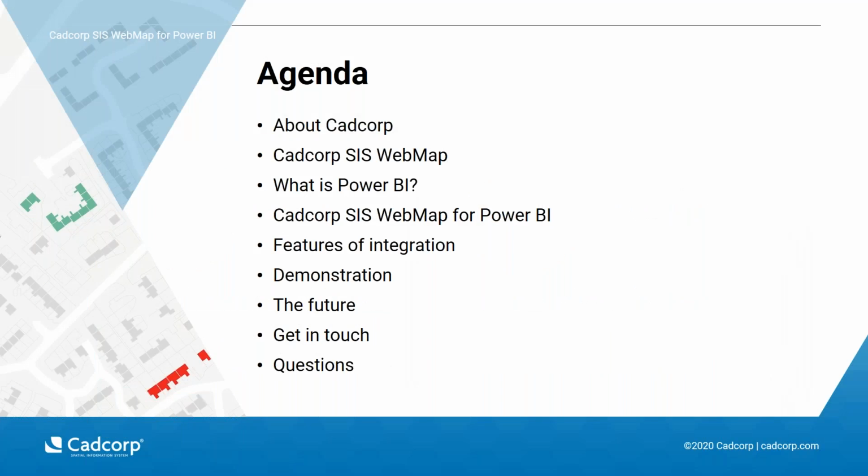Just to review the agenda before we start, we're going to introduce Cadcorp, let you know who we are and what we do, and then we're going to start discussing the technology that builds up this Cadcorp SIS WebMap for Power BI component. We'll introduce Cadcorp SIS WebMap, we'll talk a little bit about Power BI, and then we'll discuss the features of that integration, how it all fits together.